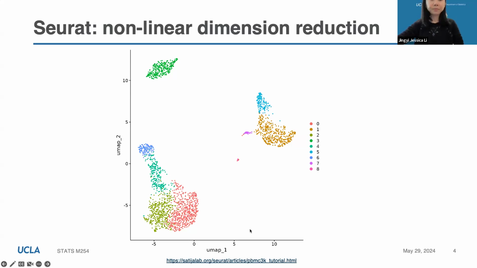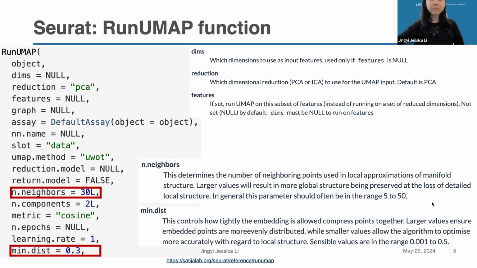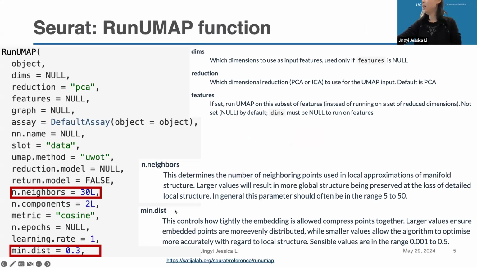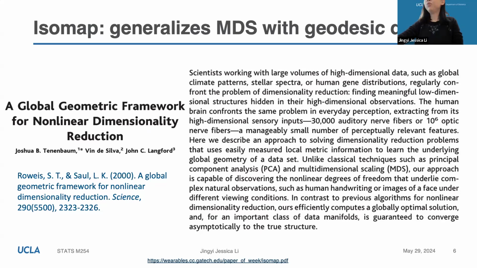However, UMAP still has its parameters to tune. In particular, n neighbors and min dist, these are the two parameters that will determine what this figure looks like. So for your final project data, if you play with the two parameters, you will see that they will look different. Okay, so that's the Seurat.